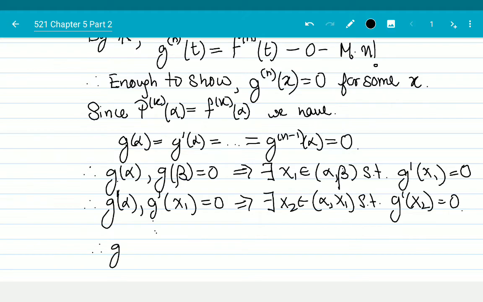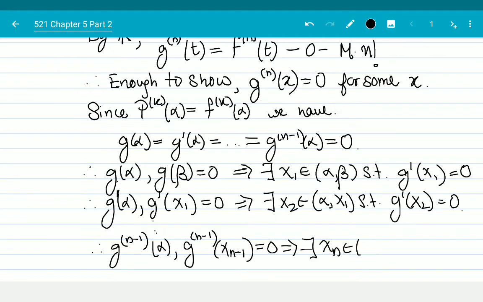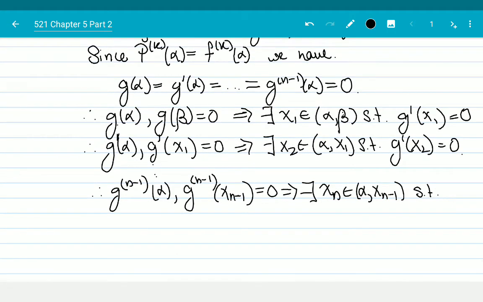Going on, g^(n-1)(alpha) and g^(n-1)(x_(n-1)) equal to 0 implies there exists xn in (alpha, x_(n-1)) such that g^(n)(xn) is equal to 0, as required. That completes the proof.